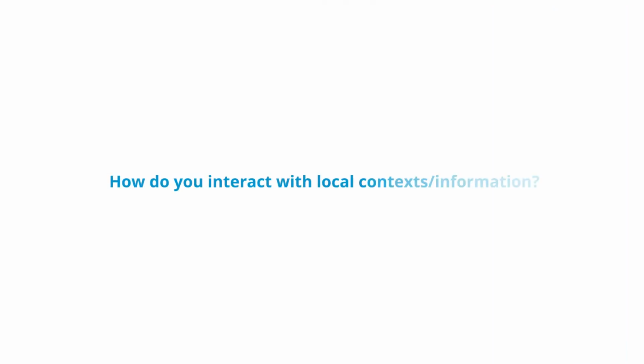How do you interact with local context or information? Before interacting with local context or relying on any information, PCU makes sure that it gathers information from as wide a range of sources as possible and listens to many different actors in order to broaden the understanding of the context and to include a wide range of perspectives.